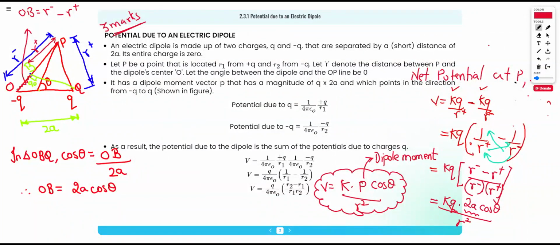That means when theta is 90, what will be the value of V? When theta is 0, what will be the value of V? When theta is 180, what will be the value of V? Anyone?